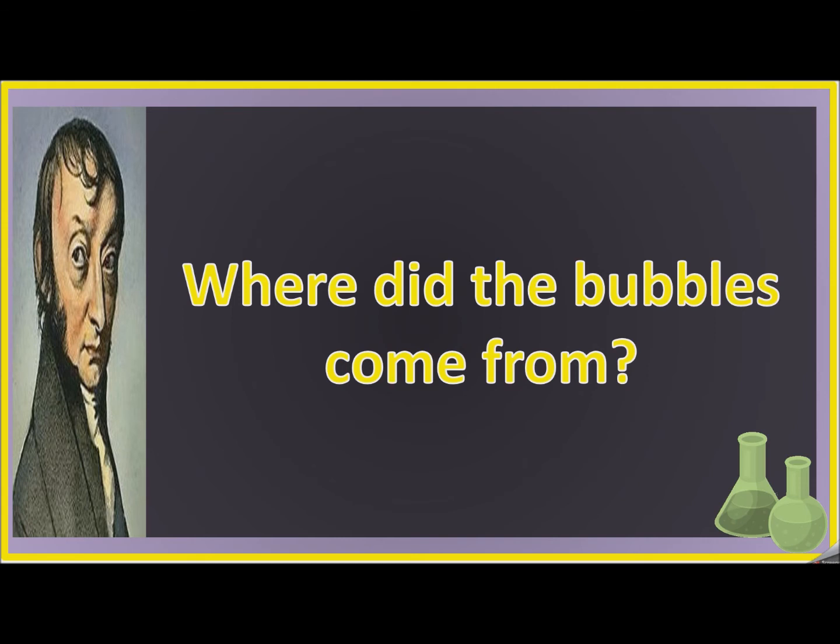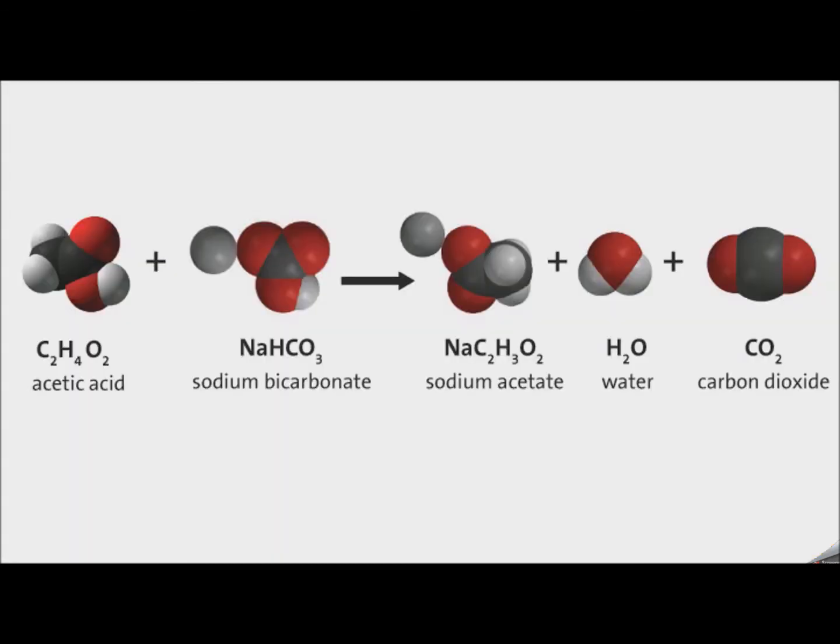Okay. Where did the bubbles come from? Okay, of course, in the chemical reaction sa ating experiment, we have suka, which has acetic acid. Okay? So yan po ang scientific name ng ating suka kasi ang suka natin ay merong acetic acid. Okay? Plus sodium bicarbonate. Okay? Which is basically a baking soda na you can buy at the counter.